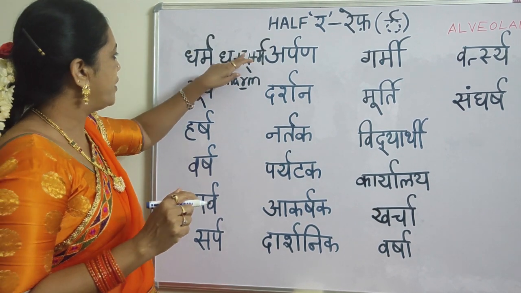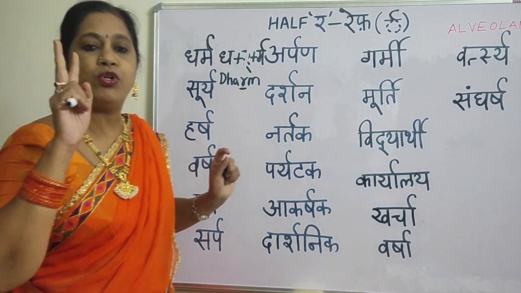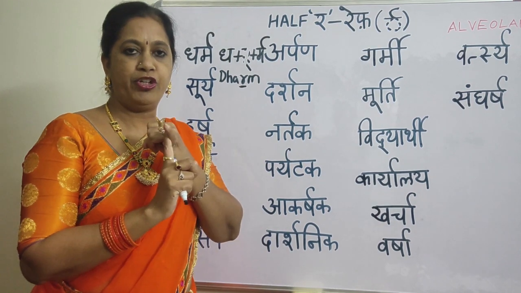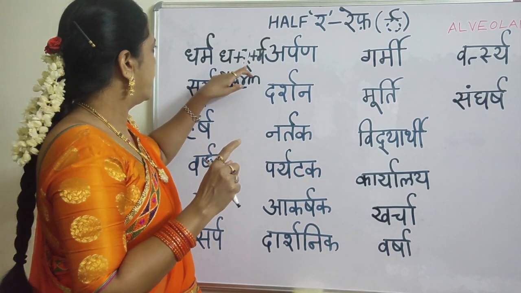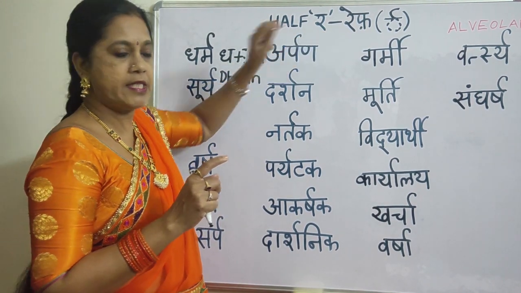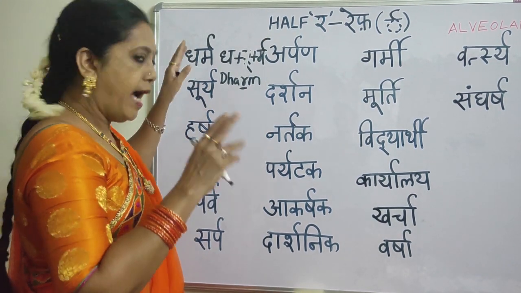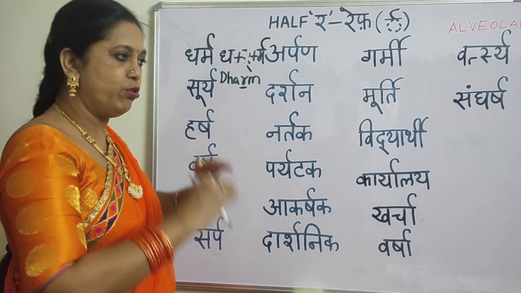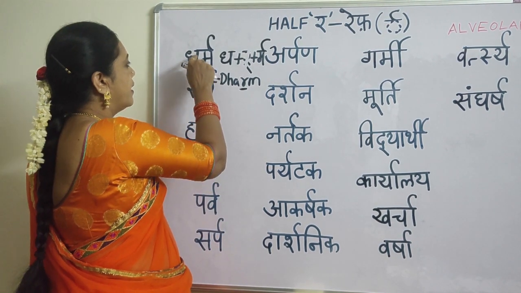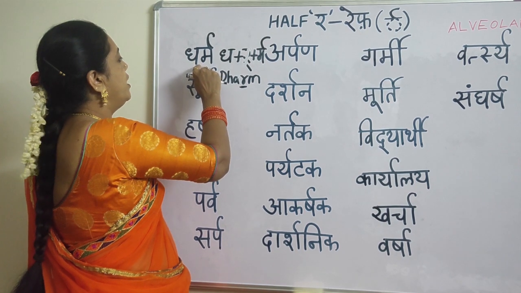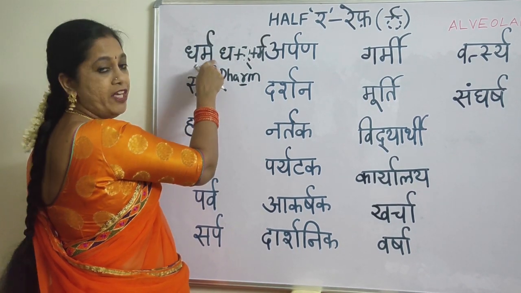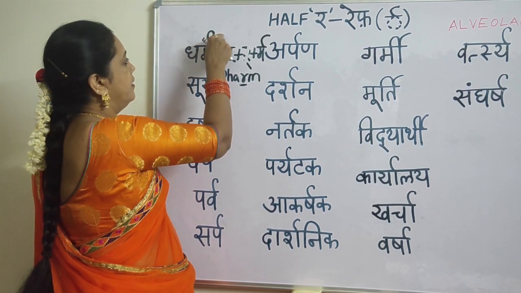Now the sound of this ra comes between the two consonants. First rule, remember: the half ra sound comes in between two consonants. At that time, the half ra sound takes the help of the next consonant for support.